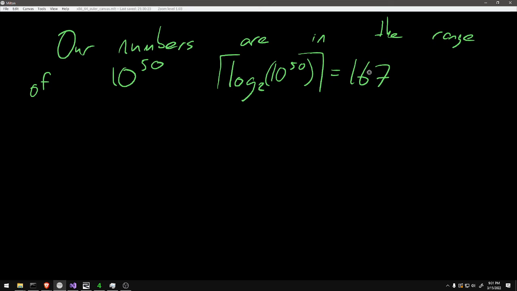And then it turns out that 3 times 64 equals, I think, what is it, 196? 192.